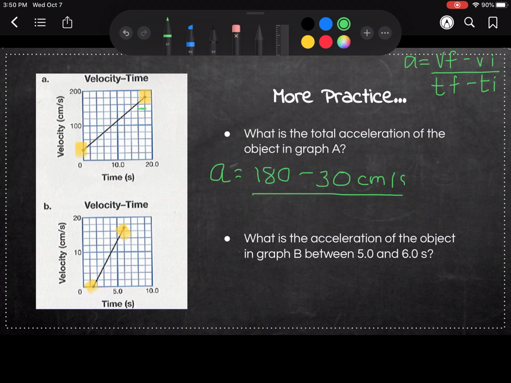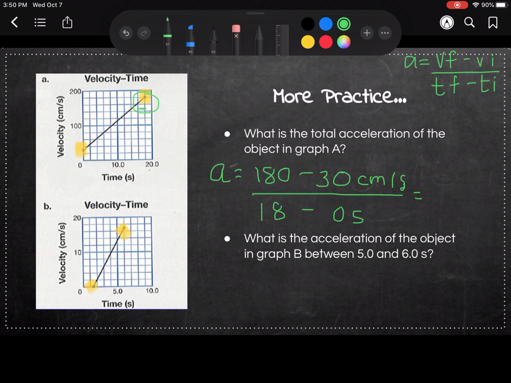Both of those are divided by our time, and our time final is right here, just before 20, and this is seconds, and these go up by 2, 4, 6, 8, 10. Yep, so by 2s. So this is going to be 18 seconds minus our initial, which is 0 seconds.